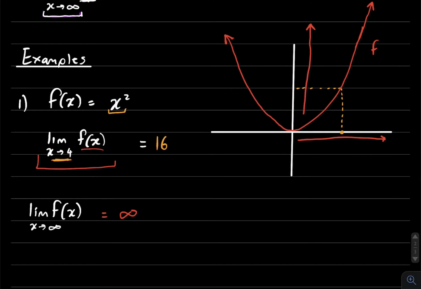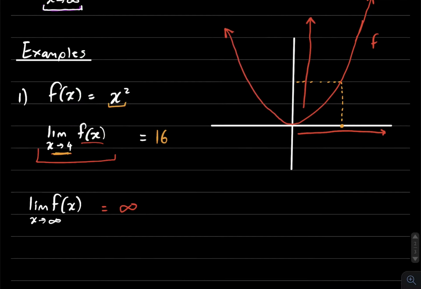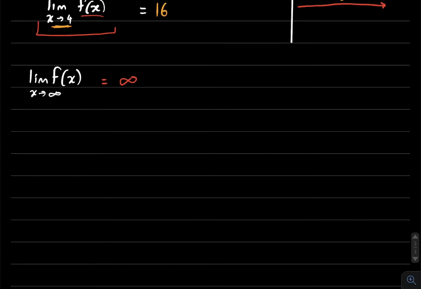Okay, so we can see how limits sort of work now. Let's look at a slightly different example. Let's say that we had something like this: f of x equal to 2 to the power x.